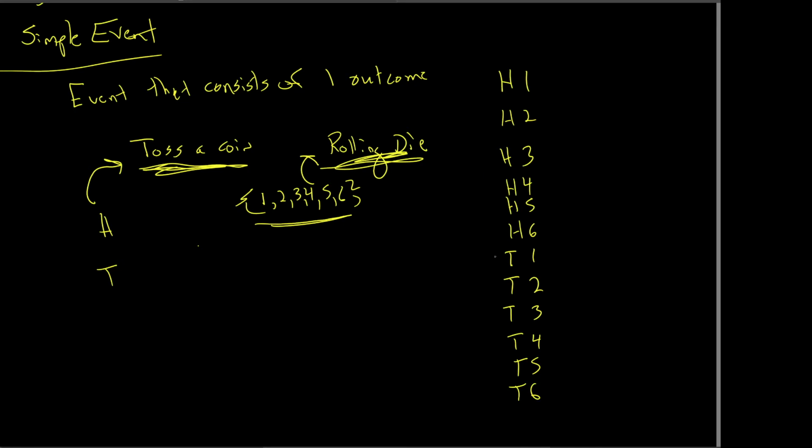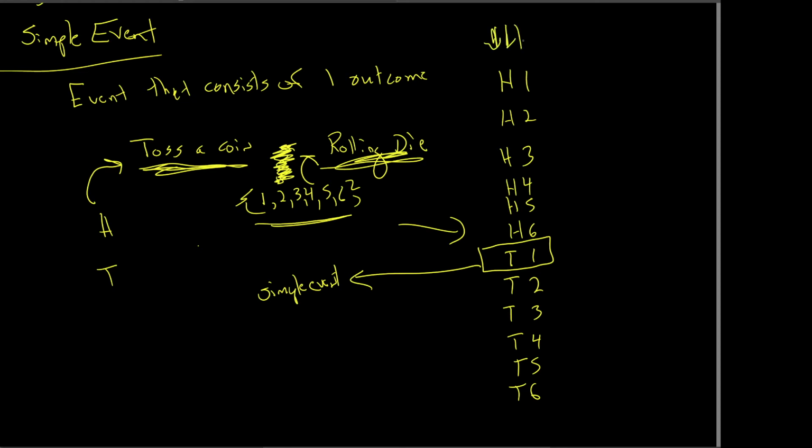And so if I toss tails and rolled a 1, that is a simple event. Because there's only one outcome in the list of all these outcomes. Even though I combine two things together, the probability space has these simplified outcomes. If I do these two events, I'm going to get one of these. And so a simple event is one outcome only.